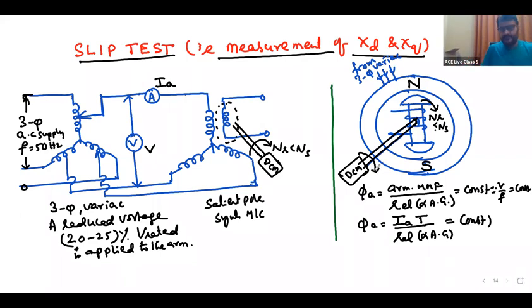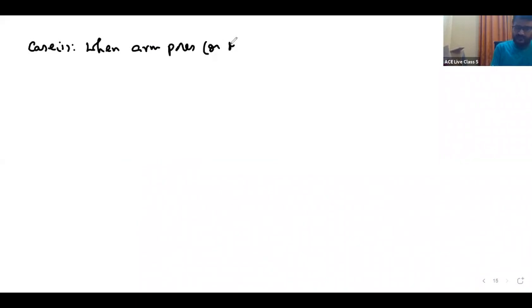Case 1: when the armature poles or MMF align with the direct axis.